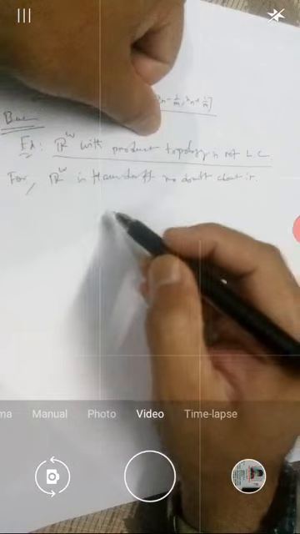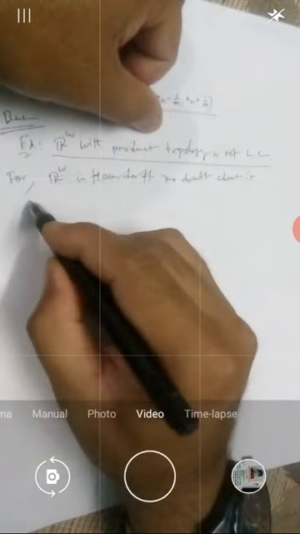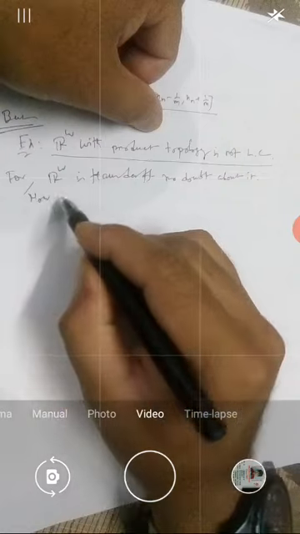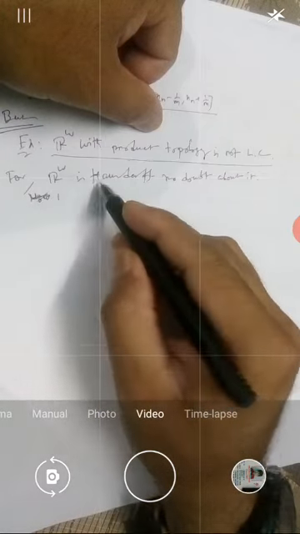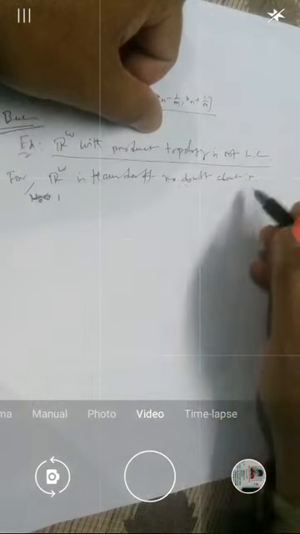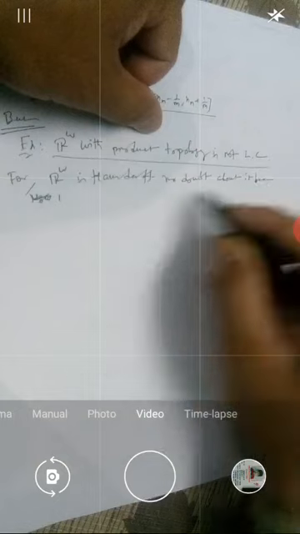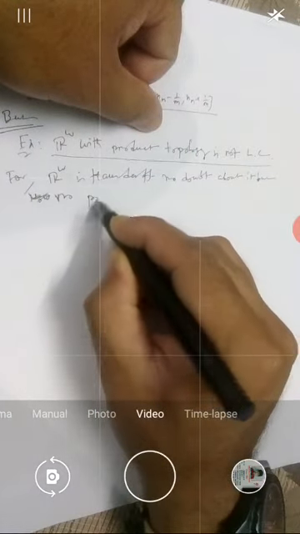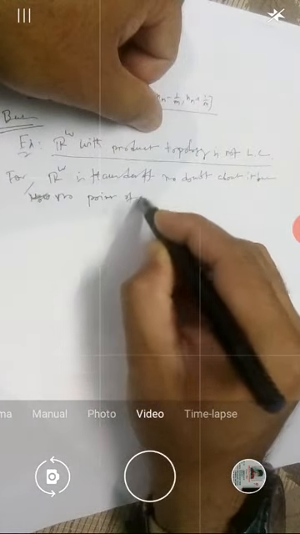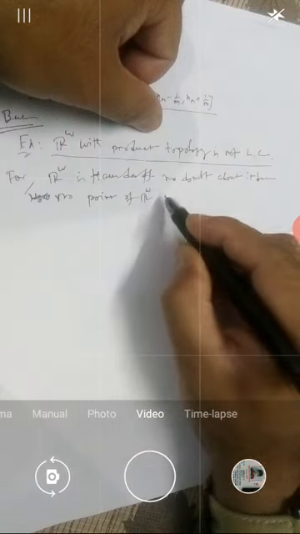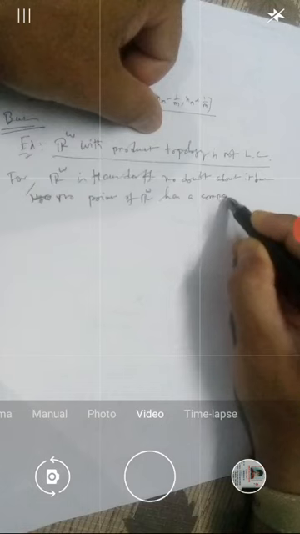So this is Hausdorff. No doubt about it. Okay. Now this is Hausdorff, no doubt about it, but no point of this R omega has a compact neighborhood.